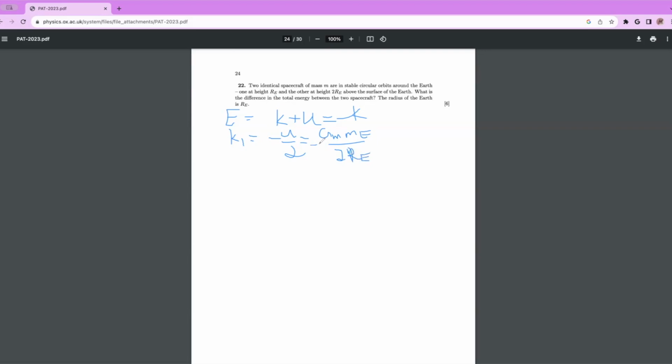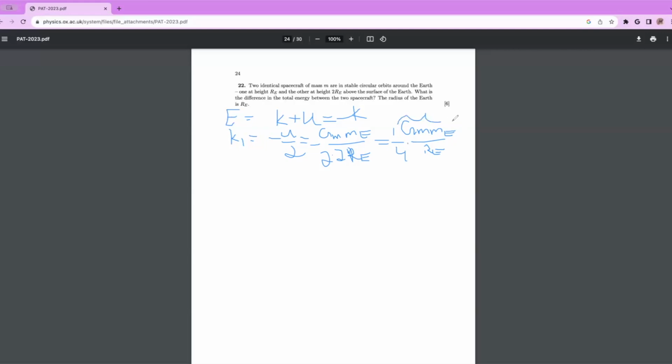It's negative actually, and then you have to multiply it by a factor of 1/2 due to this. And yes, you get that it's G M m_E over R_E times 1/4.